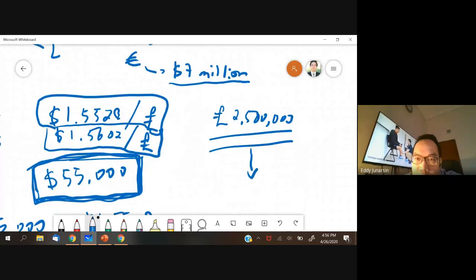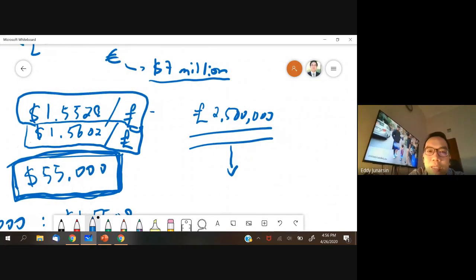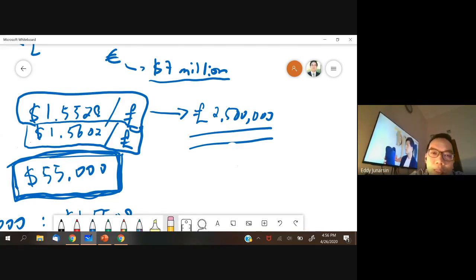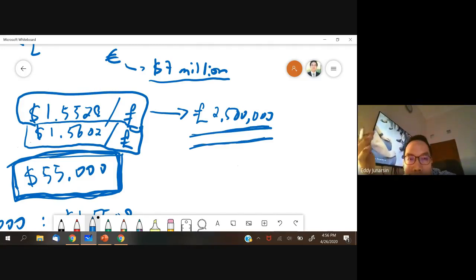So your exposure remains at 2.5 million after 1 month, but the value of the pound has changed. Right? So let's calculate the beginning value of this exposure in US dollar, and look at this. They are the same at the back. You see, this is dollar per pound, and the value that we know is in pound. So they are the same at the back, right? You see, the pound is at the back, and the value that we know is pound.